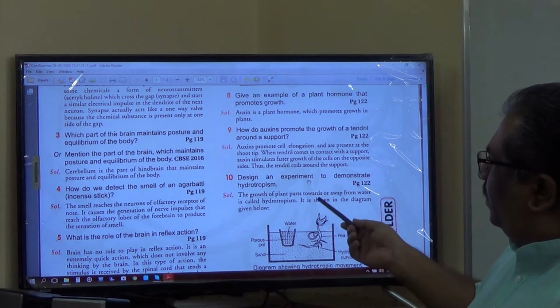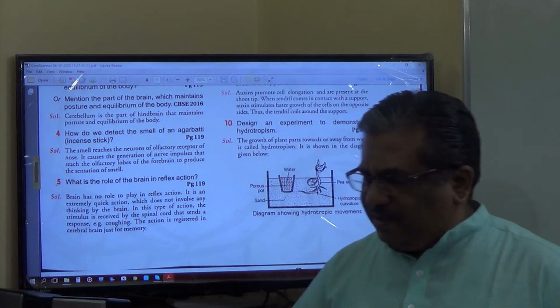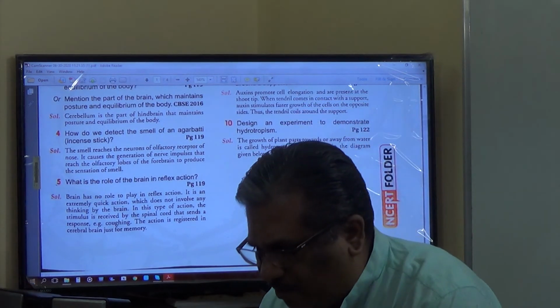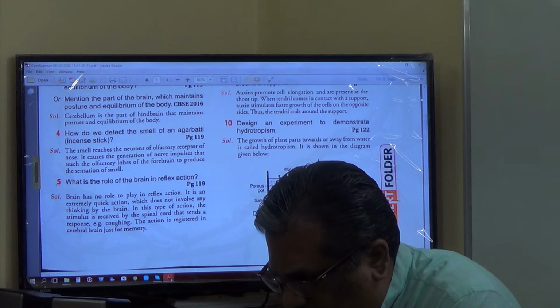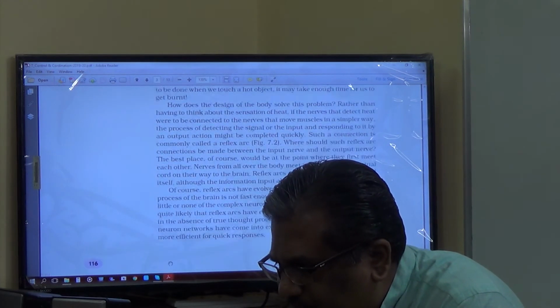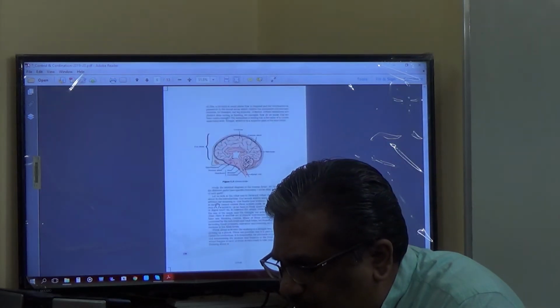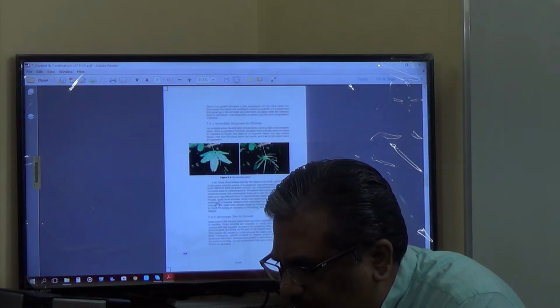Design an experiment to demonstrate hydrotropism. Let me check whether this is an activity given in your book. You can have a look at this book also.